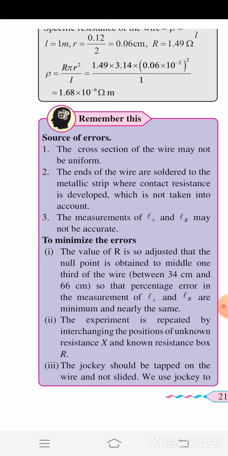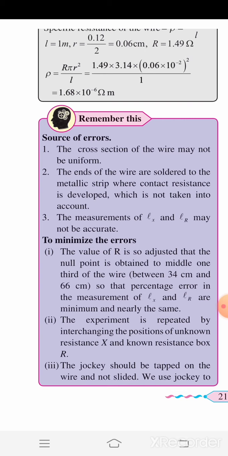The second error is that the ends of the wire are soldered to the metallic strip where contact resistance is developed, which is not taken into account. That is, the wire used in Wheatstone's meter bridge has length 1 meter and is fixed on a rectangular wooden board between two thick L-shaped metal strips.